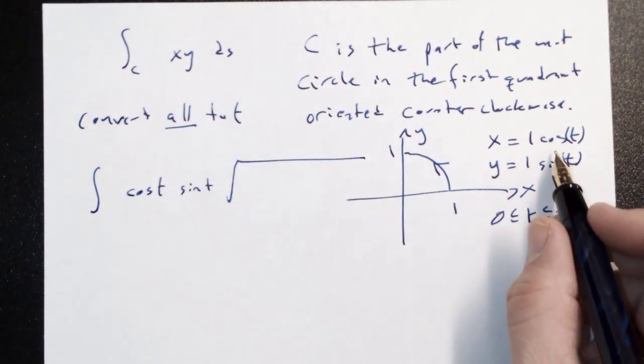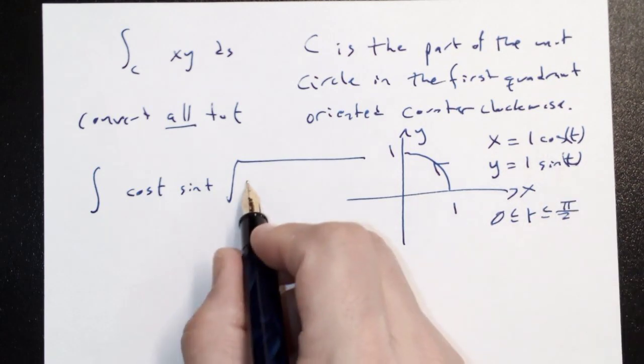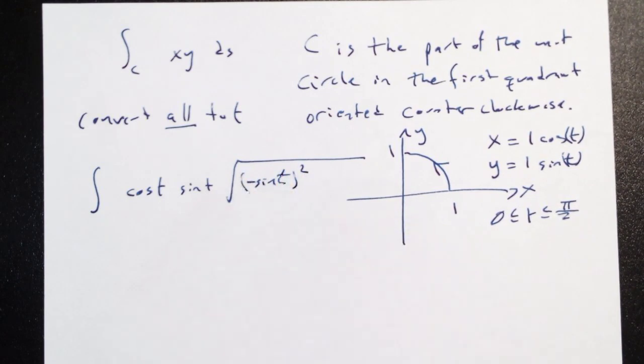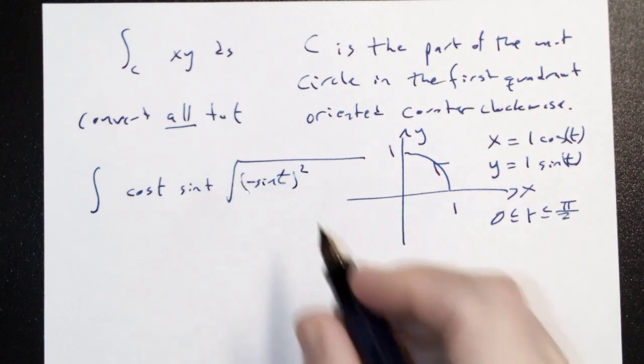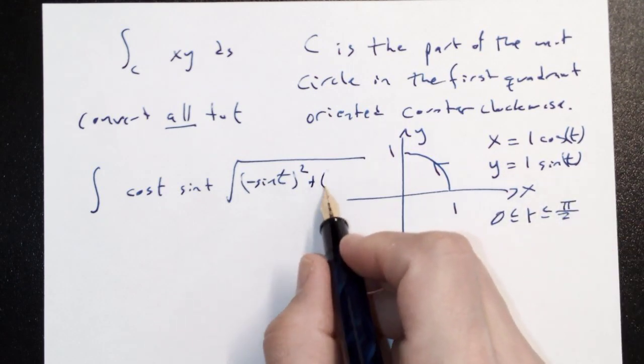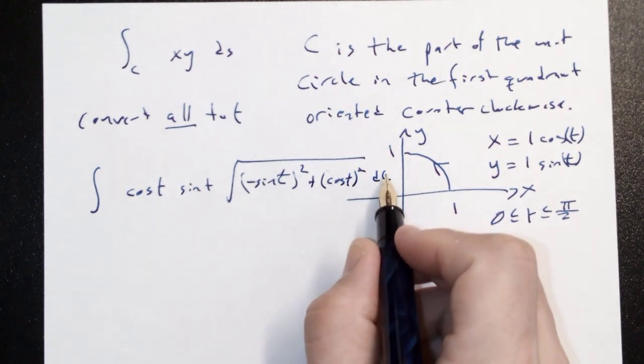What's the derivative of cosine? But that's squared, dx/dt squared, then the derivative of sine, but that's squared, and then that's an integral dt.